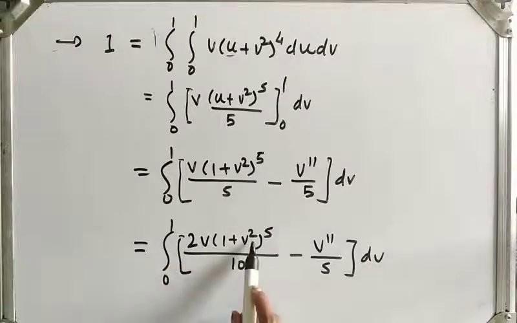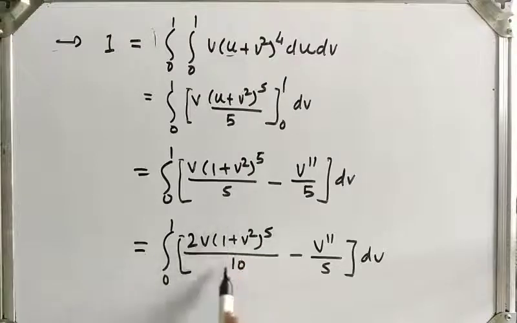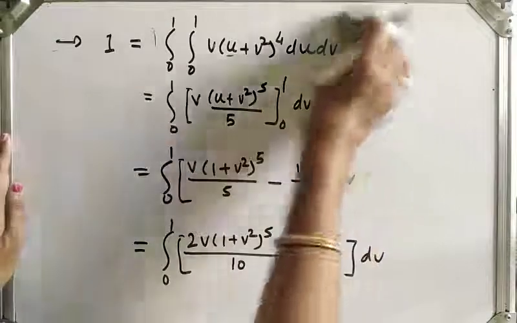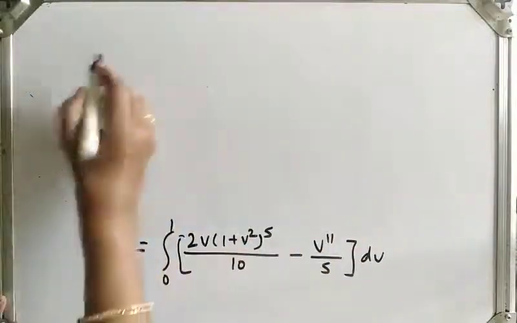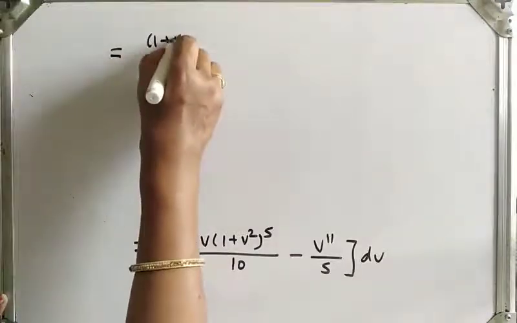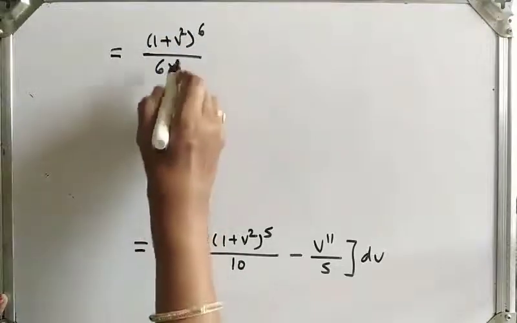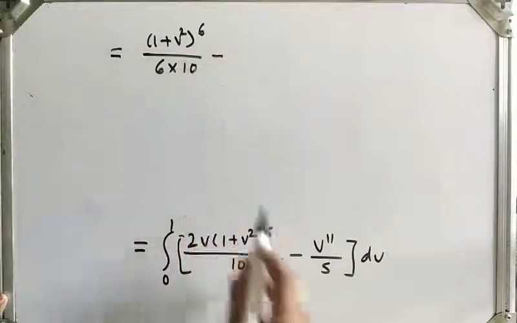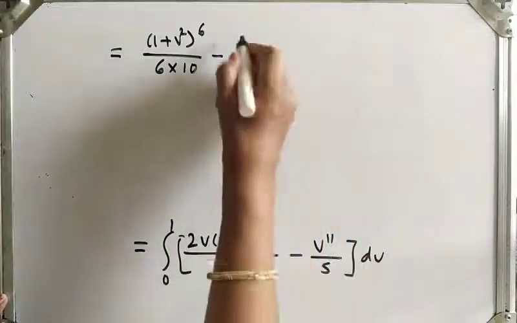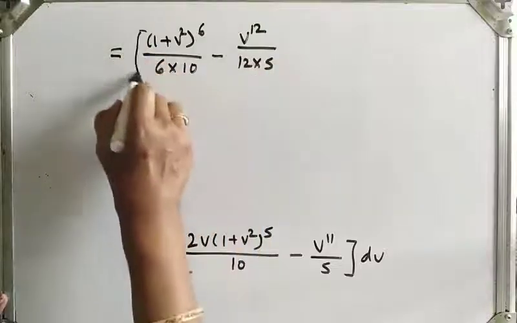Now (1 plus v squared) raised to 5, its derivative is here, so its integration will be (1 plus v squared) raised to 6 upon 6 into 10, minus the integration of v raised to 11, which is v raised to 12 upon 12 into 5.